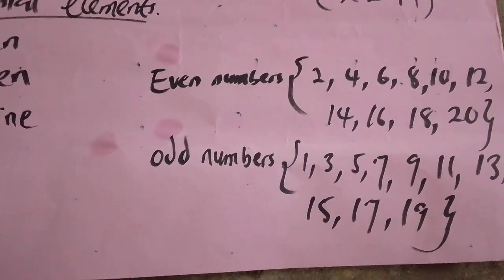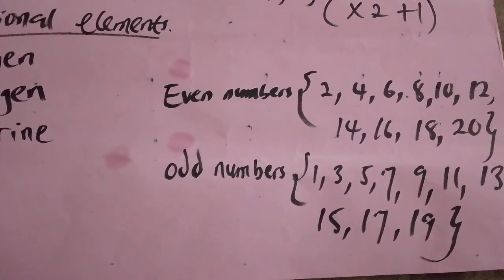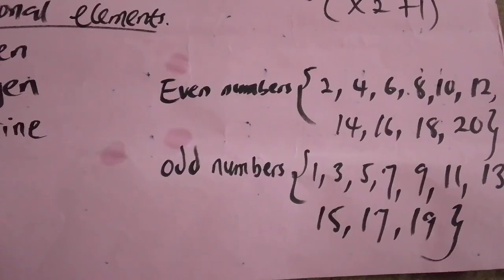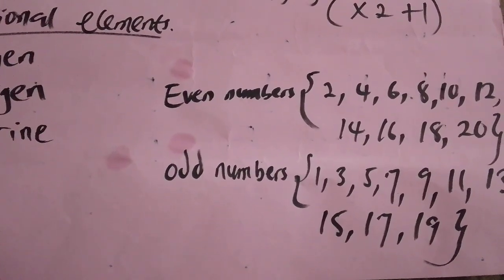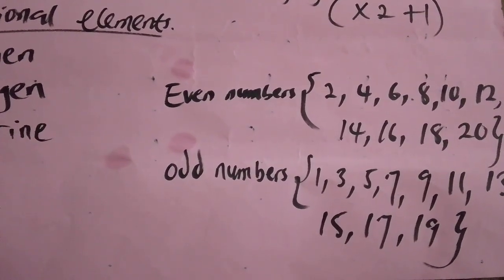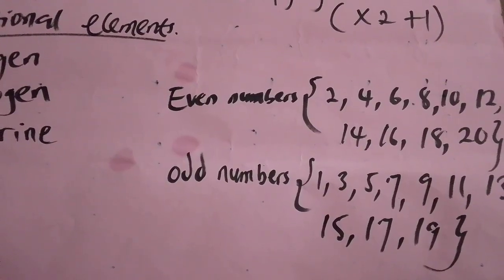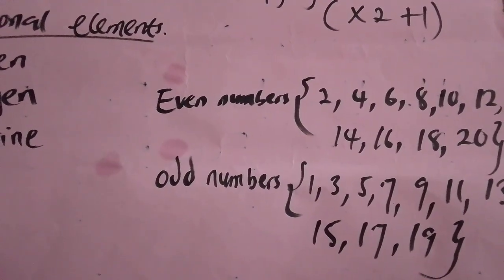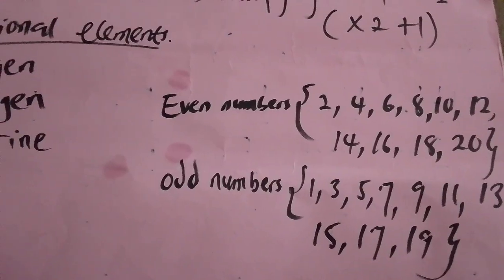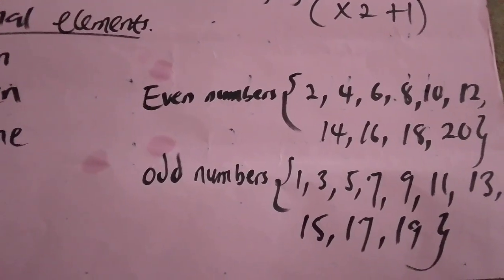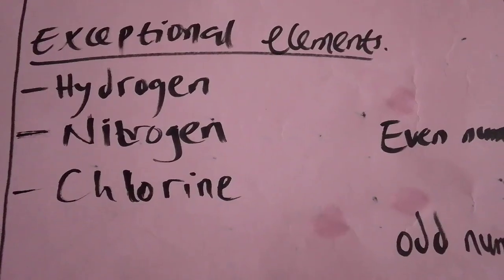I hope you understand. So now, if you understand even numbers and odd numbers, I believe you will find it easy, and you are going to memorize the mass number of each element in this video without wasting any time. Just keep following.